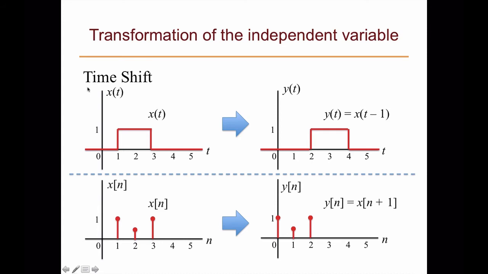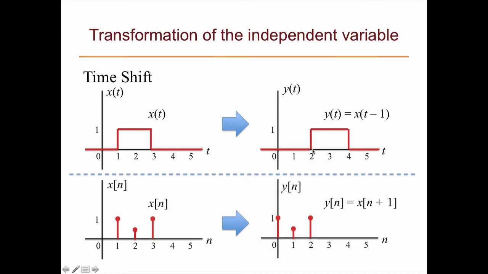So let's first look at the first operator, time shift. Suppose that you have the signal x(t) looking like this. That is, it becomes 1 at time between 1 and 3. The signal x(t-1) would be the signal x(t) like this, shifted to the right by 1 unit.